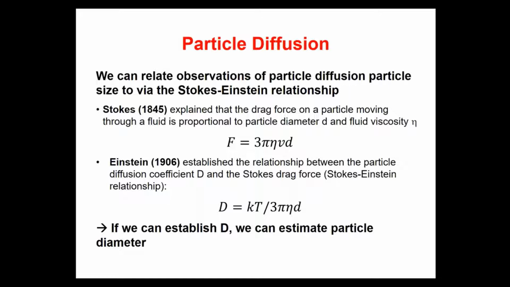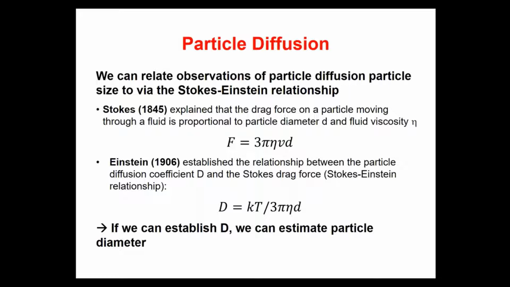In using particle diffusion as a way of determining particle size, we rely upon a couple of relationships that were hammered out quite some time ago. In the mid-1800s, Stokes established that the drag force that a particle experiences as it moves through a fluid, liquid or gas, is proportional to the particle diameter and the fluid viscosity by the Stokes relationship.